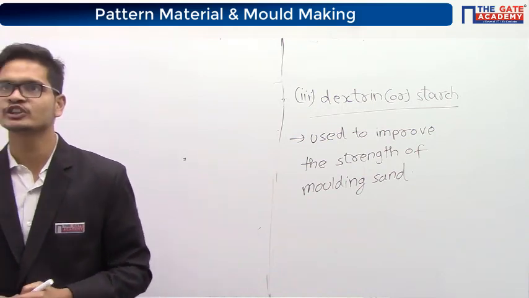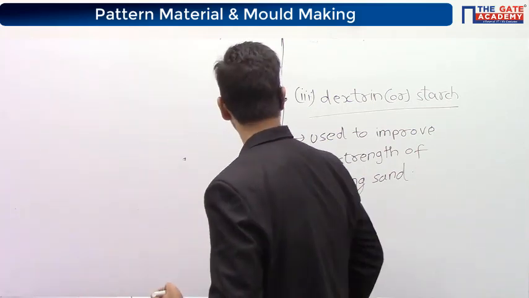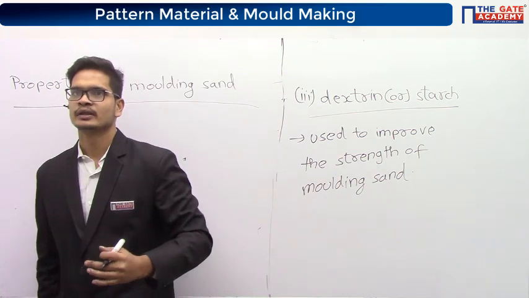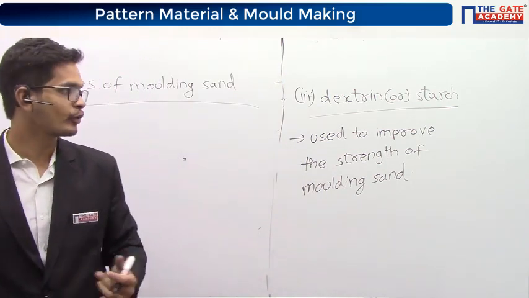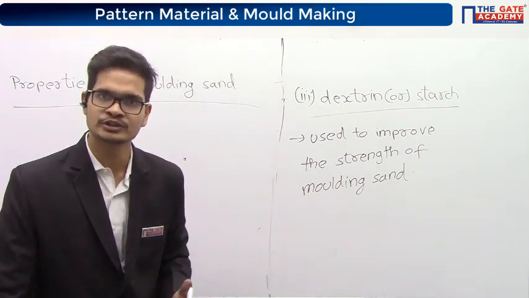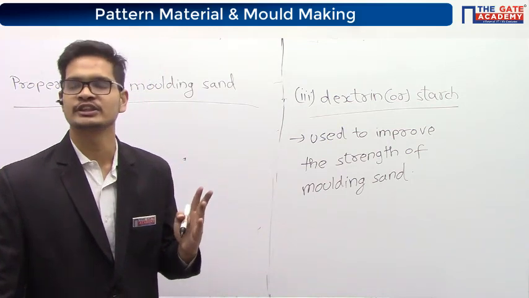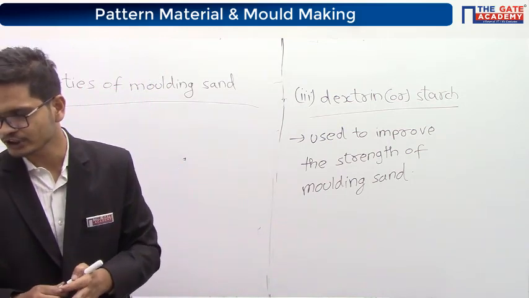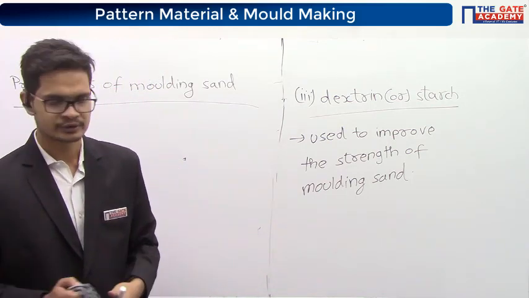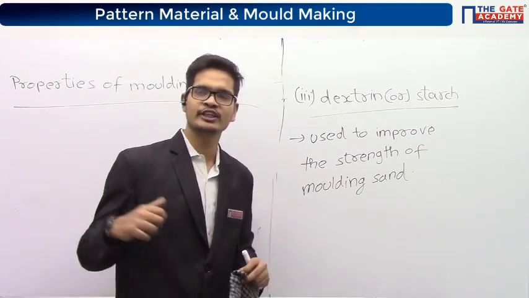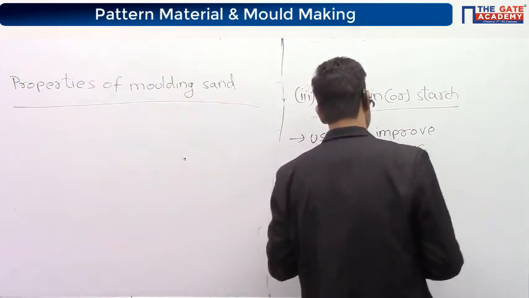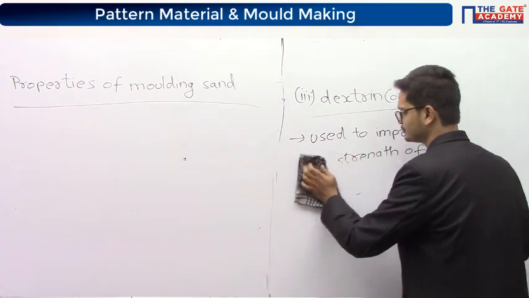Next is properties of molding sand. In the previous topic, that is the topic by the name additives, we saw 4 properties. Please tell me those 4 properties quickly. Similarly, there are a few more properties that are needed in a molding sand. Those 4 properties, tell me the name.